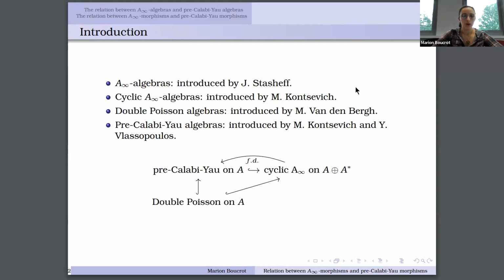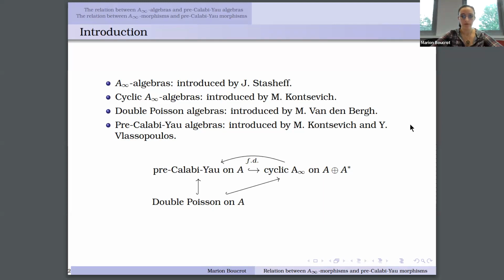I will also talk about the notion of double Poisson algebras, a notion introduced by Michel Van den Bergh in 2007. And I will talk about the most important notion for me, which is the notion of pre-Calabi-Yau algebras, which was introduced by Maxim Kontsevich and Vlassopoulos.